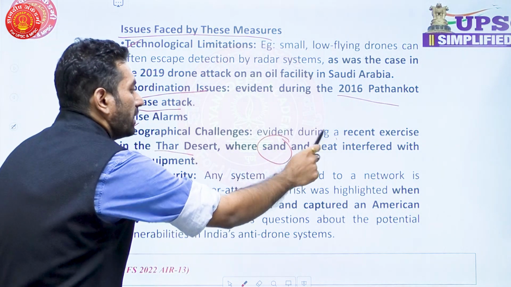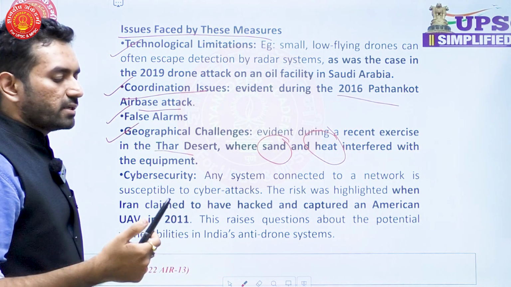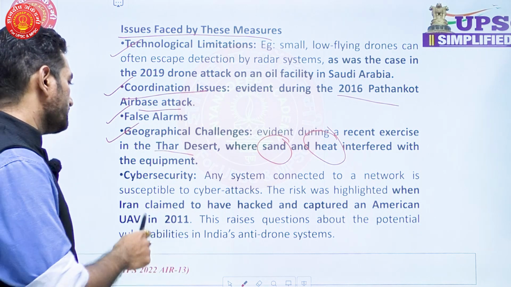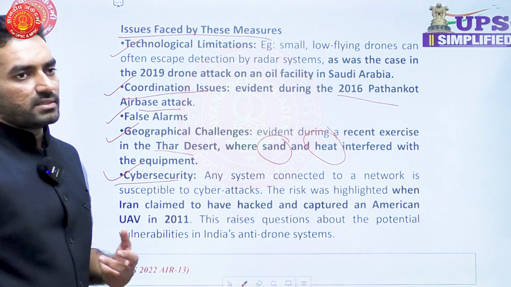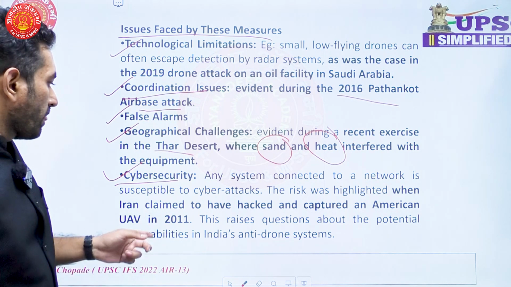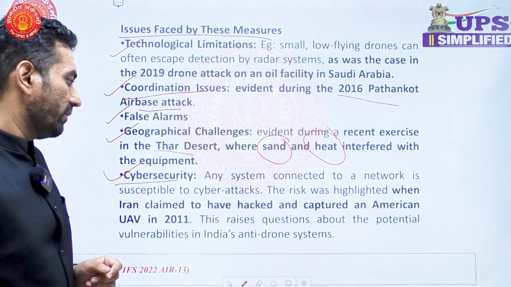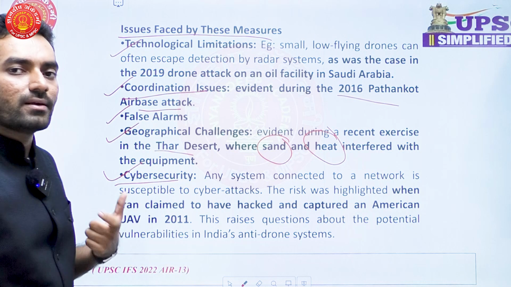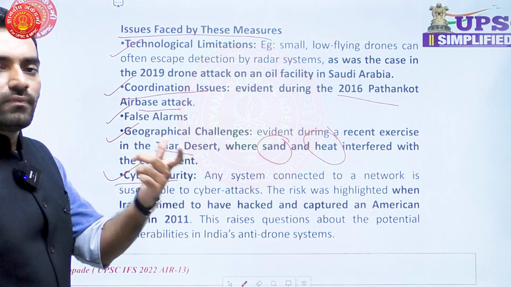Due to sand and heat, the challenges to UAV detection and tackling have increased. Next is cyber security challenges. As the devices are generally connected to the internet, the hacking and capturing of an American UAV happened in 2011, and it raises the question about the utility of UAVs as a tool for offensive attack.